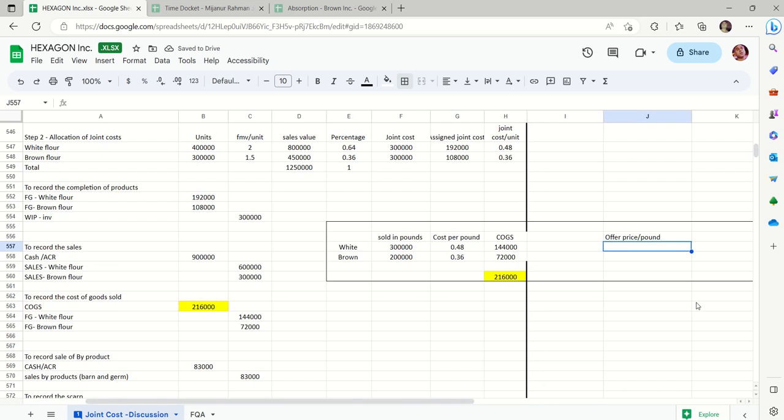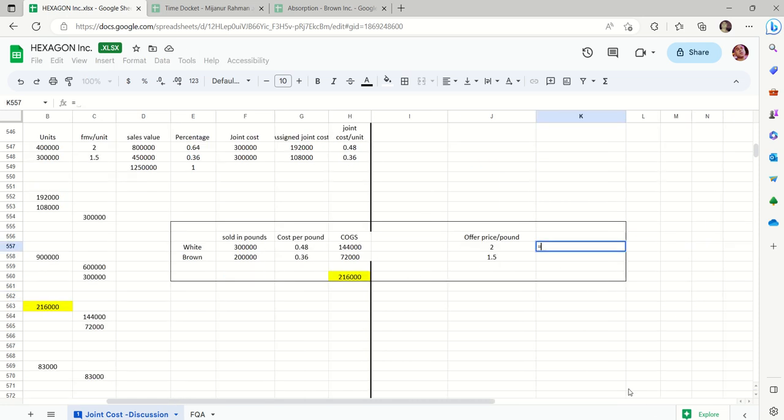For white flour, he offers you $2, and for brown flour, he offers you 1.50 per pound. He says, hey, Joe, I'm gonna buy those white flours from you at $2. I know your cost is 48 cents, but I'm willing to give you $2 for it. So you just simply multiply this with this $2. That gives you 600,000, and this with this 1.50.